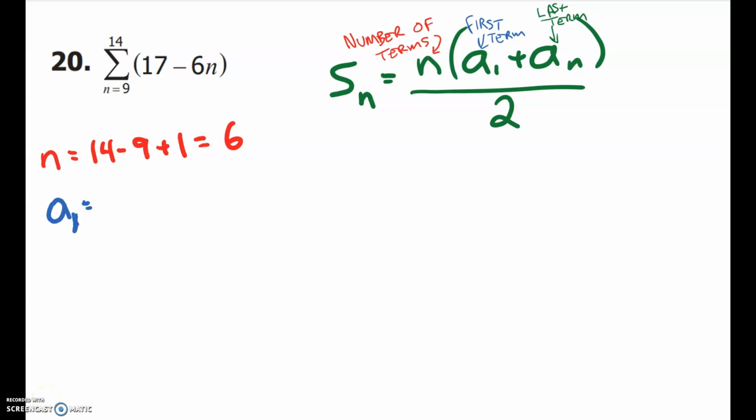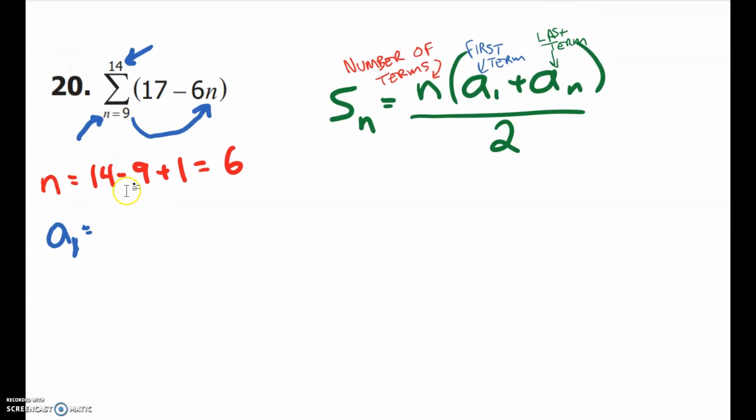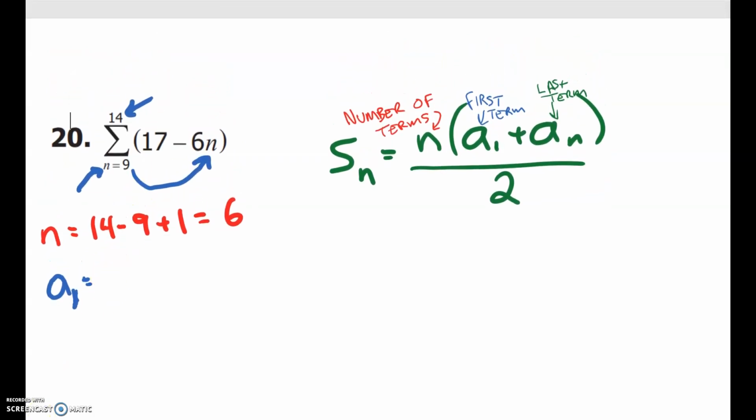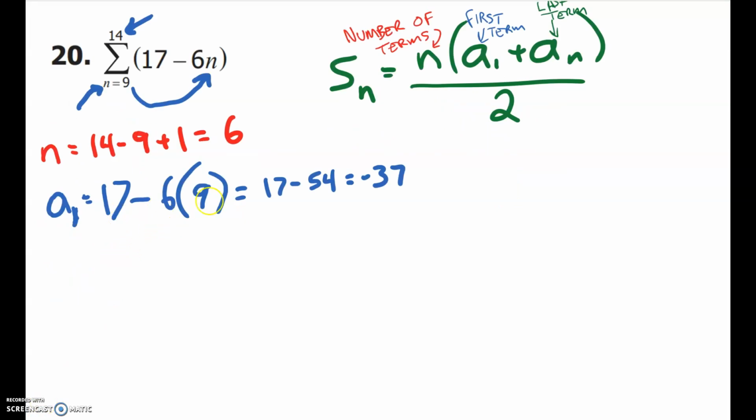Next, we need a sub 1. That's the first term. So if we look here, remember that's where n starts and this is where n stops. So the first term isn't 9, but the first term is what we get when we put in 9 for n. So that's 17 minus 6 times 9, so 17 minus 54, that's negative 37.